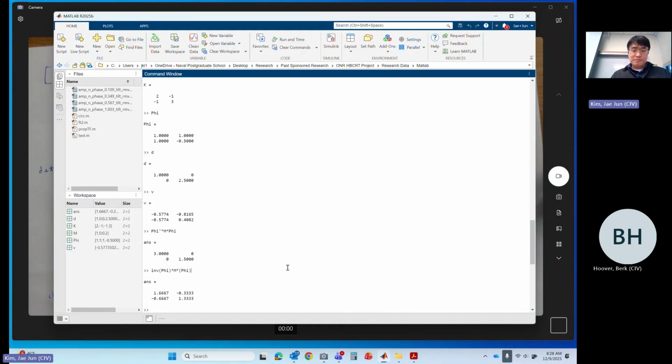Probably something weird with how MATLAB calculates the inverse. So what happens is, let's say that's the mode shape MATLAB created.